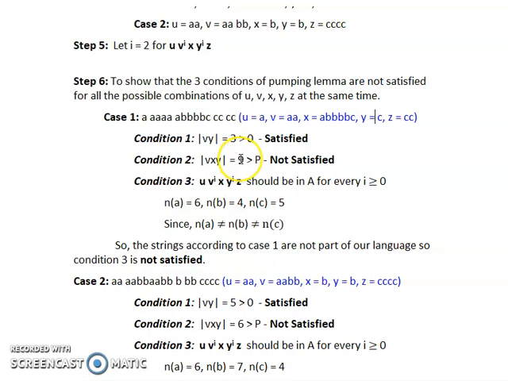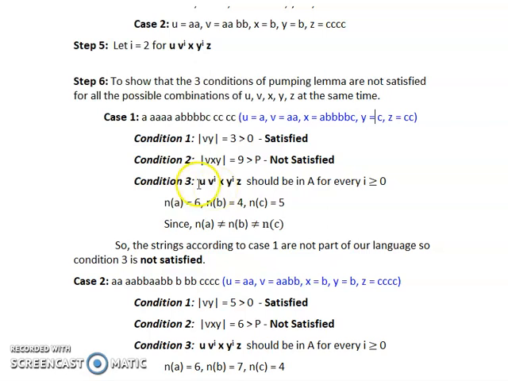That means the length of vxy taken together is 9. That is greater than our pumping length, which we have assumed as 4. So the condition is not satisfied, because according to the condition it must be less than or equal to our pumping length.